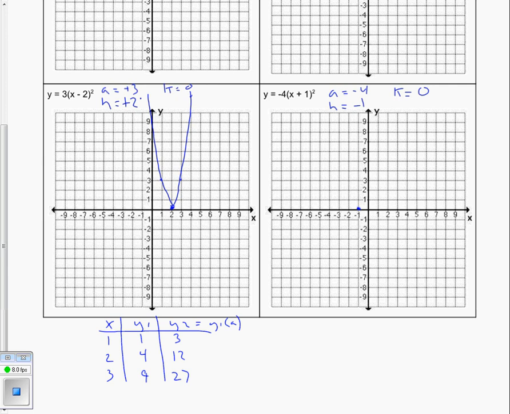But we will also plot in our step pattern. So x, y1, y2. So 1, 2, 3, 4, 9. Because our new a value is -4, remember y2 is always equal to y1 times the a value. Well, the a value is -4. y1 is 1, so 1 times -4 is -4. 4 times -4 is -16. 9 times -4 is -36.